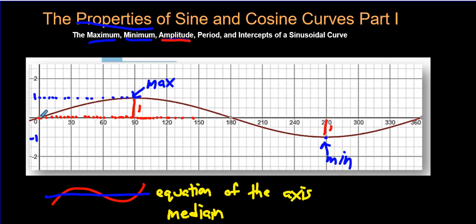It starts at 0 and goes up in this pattern. And if you remember, we also talked about those 5 key points: this one, right here, down here, and here. The amplitude is 1. Okay, so that's called the amplitude.